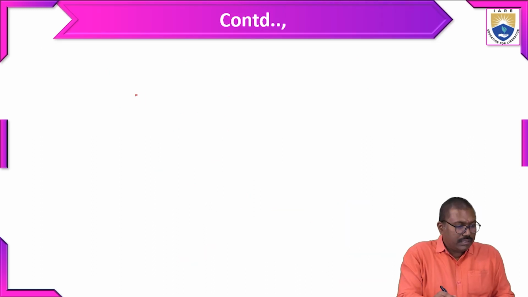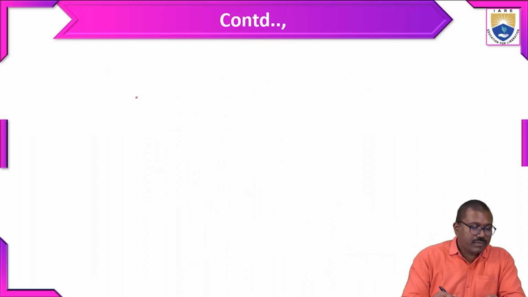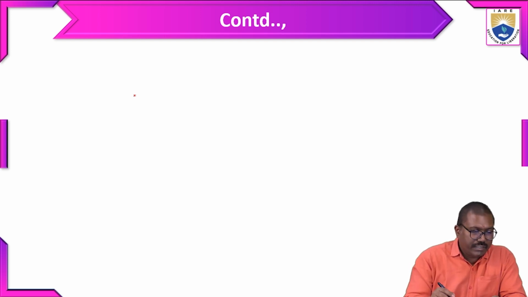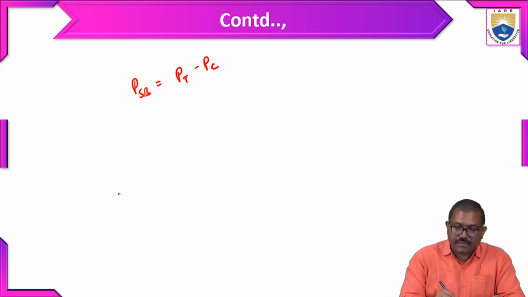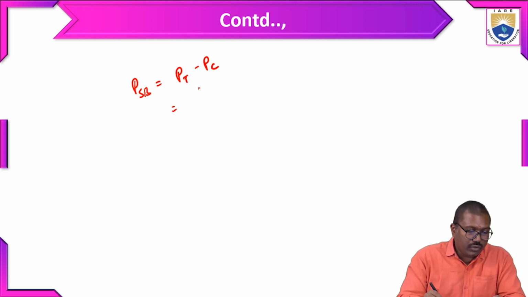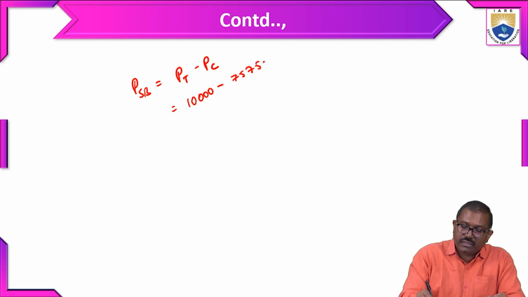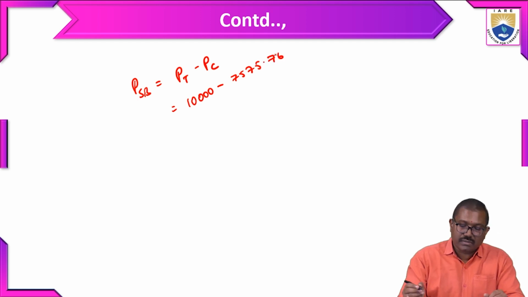Okay. So here the power content of the sidebands is equal. The difference between the total power and the carrier power is P_SB = P_T minus P_C. Already you know that P_T is 10 kW, so 10 kW minus 7575.76.